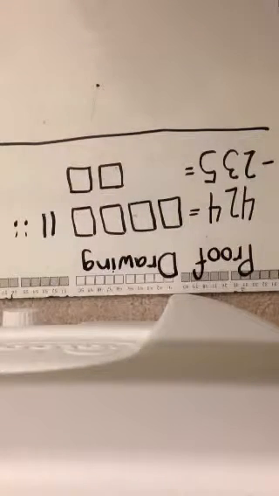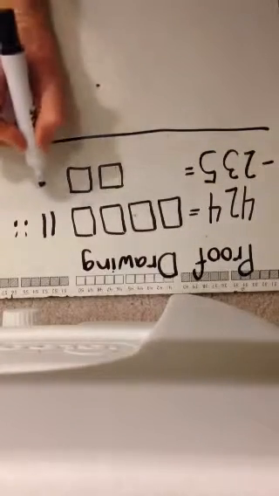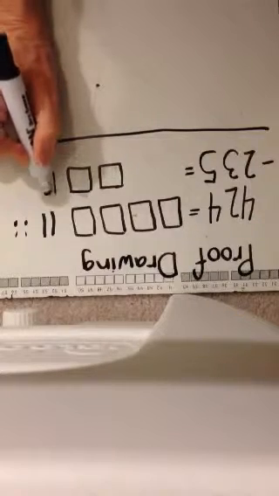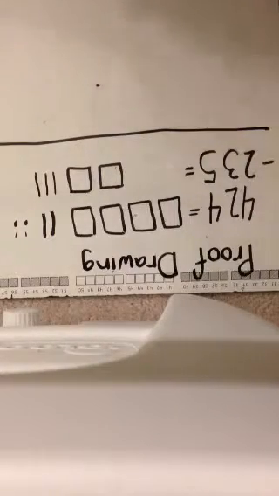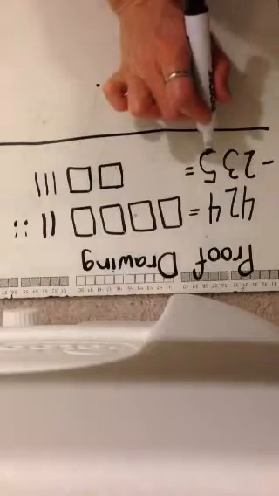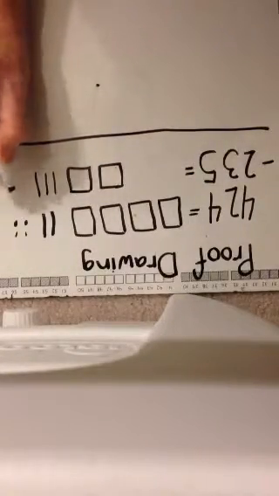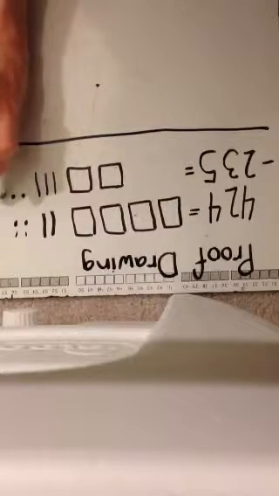How many tens or sticks are in 235? That would be 30. 10, 20, and 30. How many ones are in 235? That would be 5. 1, 2, 3, 4, 5.